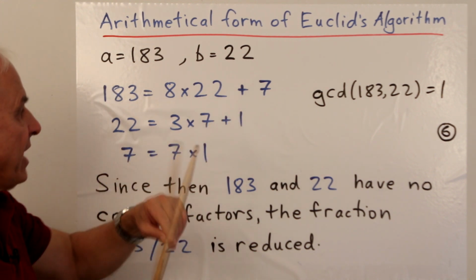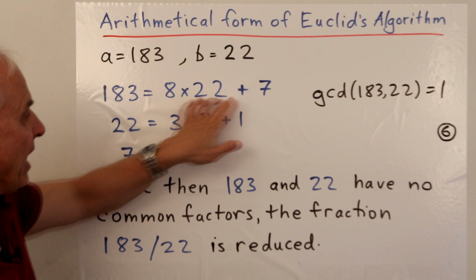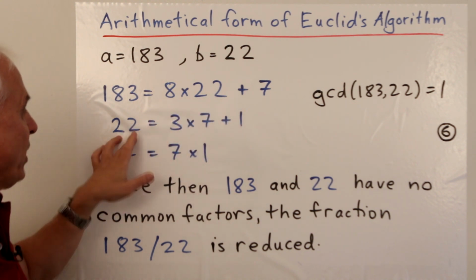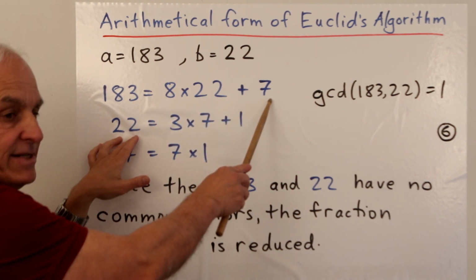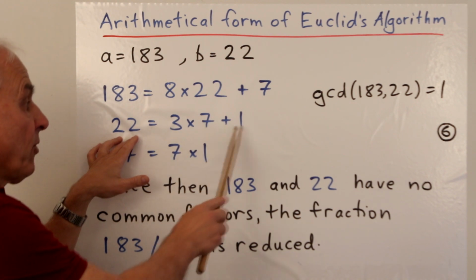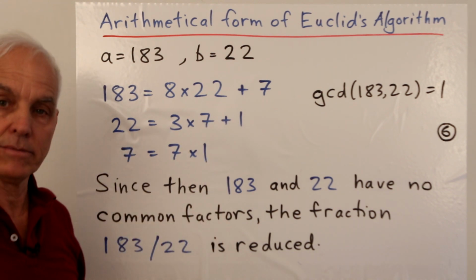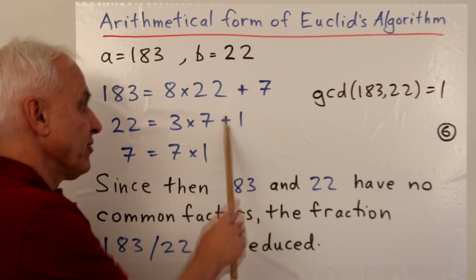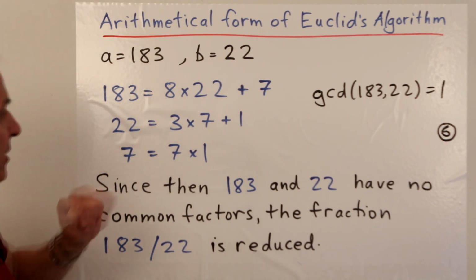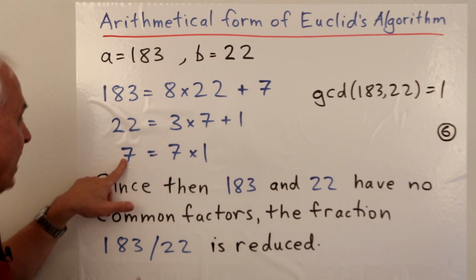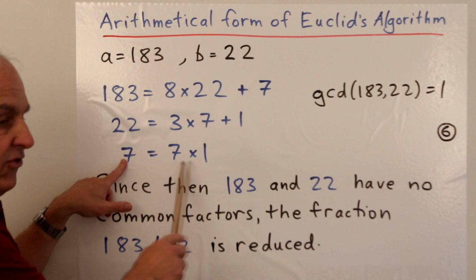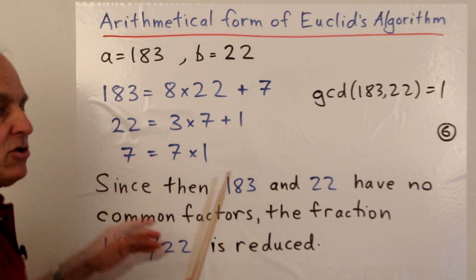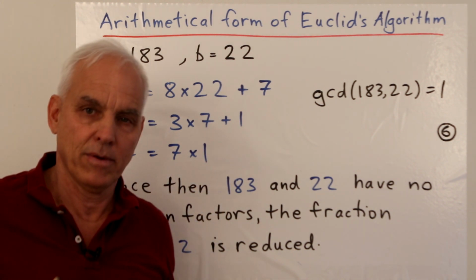Now the next step, we are looking at B and C. So 22, we divide it by 7. It goes 3 times with a remainder of 1. Like this, and then sort of like D. Then we take 7 and 1, we divide 7 by 1, it goes 7 times with a remainder of 0.